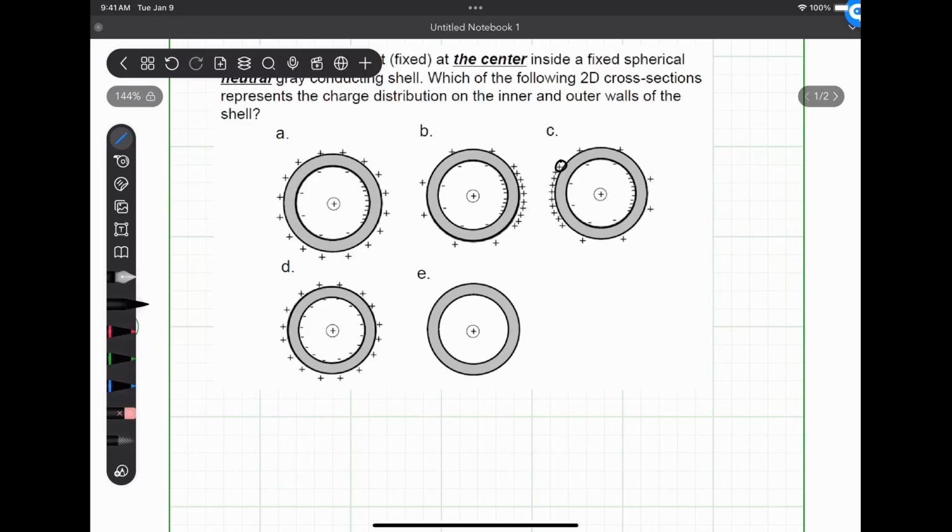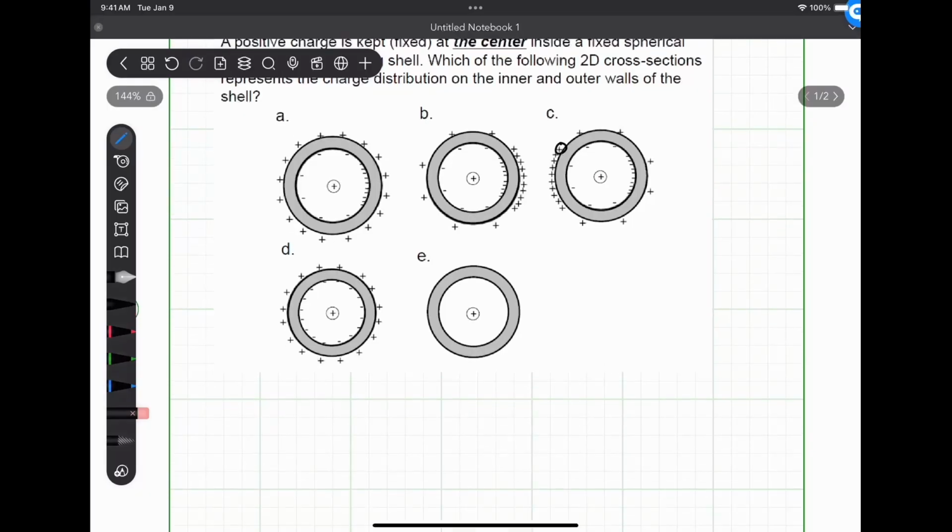And for case A, we see that on the inside of the shell, we can't really have an imbalance of attraction because here again the electrons want to move as far away from each other as possible, so they're going to evenly distribute. Not only that, the force of attraction between this charge and this electron over here must be equal and opposite just because of the KQQ divided by R squared formula.